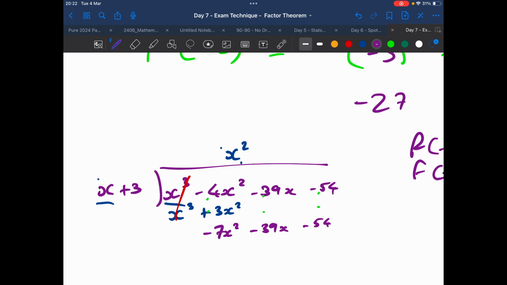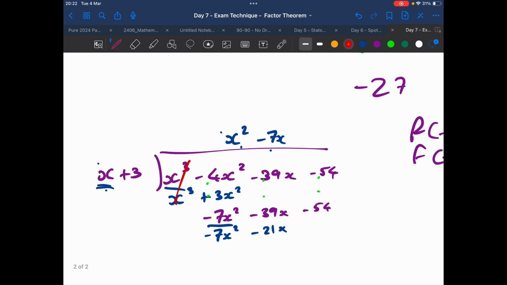Let's go again. What links an x and a minus 7x squared, because that's the biggest power now? It's going to be a minus 7x. So minus 7, and this one gives us a minus 7x squared. And what's that? That's a minus 21x.